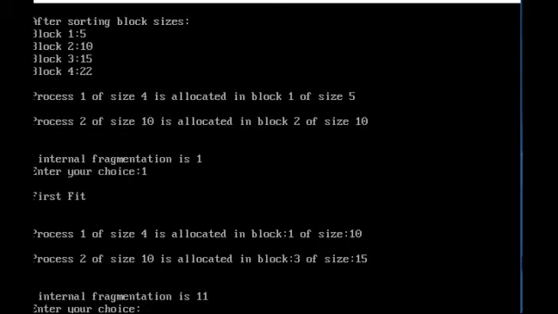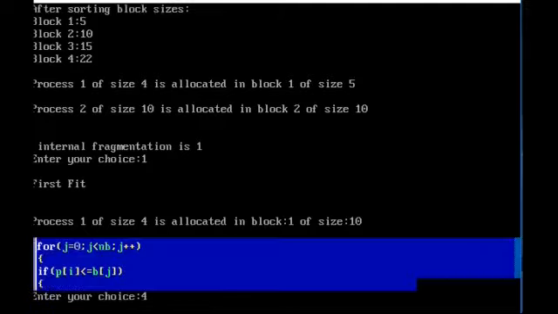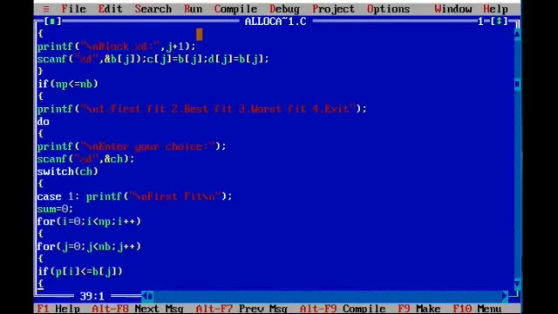It is printing process 1 of size 4 is allocated to block 1 of size 10 and process 2 of size 10 is allocated to block 3 of size 15. After that it is printing total internal fragmentation is 11 and it is again asking for user's choice. If we put over here 4, that is exit option, the program will exit. Thank you.